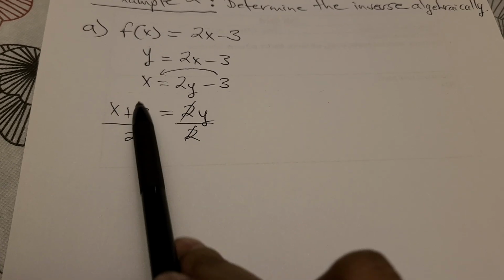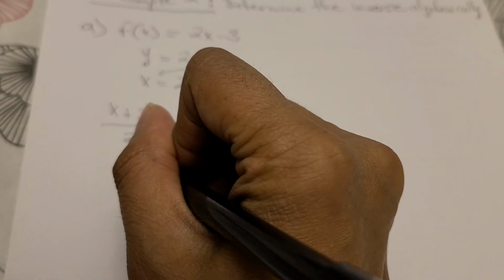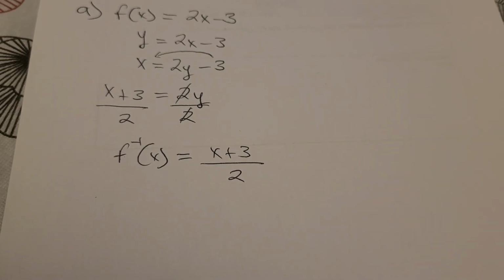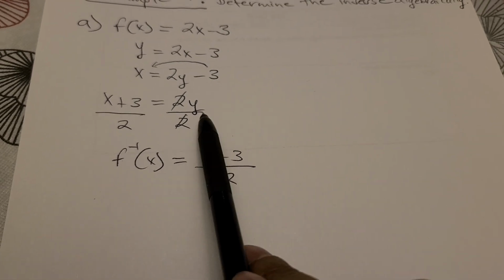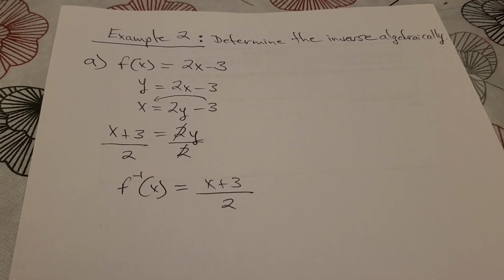So basically y is equal to this whole expression, but we want to make sure we're changing the y back to f -1 of x equals x plus 3 over 2. So don't leave your final answer in terms of y here. This is the proper notation for the inverse function.